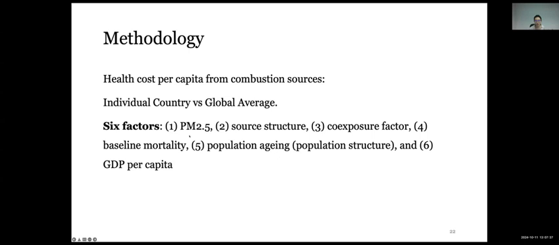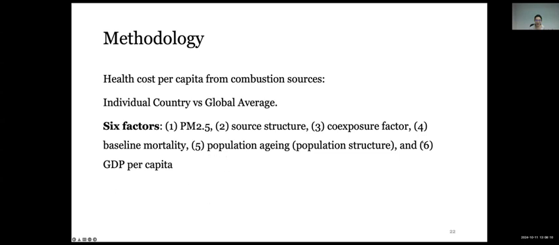We decomposed the driving factors into six factors. We have the PM2.5 exposure, and the source structure, where we basically capture the total combustion sources. The third factor is the co-exposure factor, the fourth is the baseline mortality, the fifth is population aging, or you can say population structure, and the last one is GDP per capita.